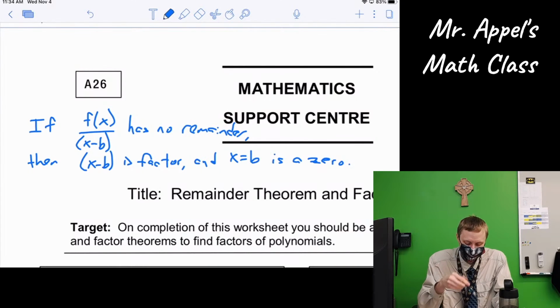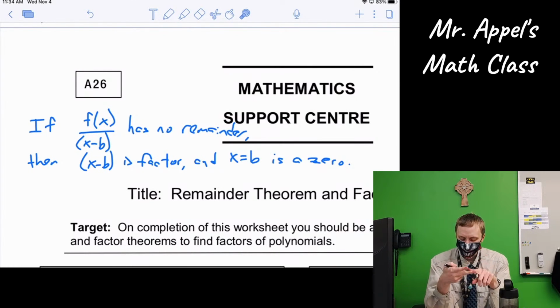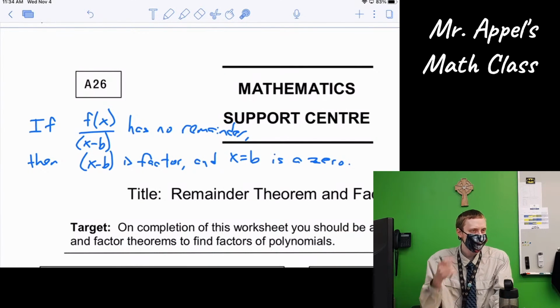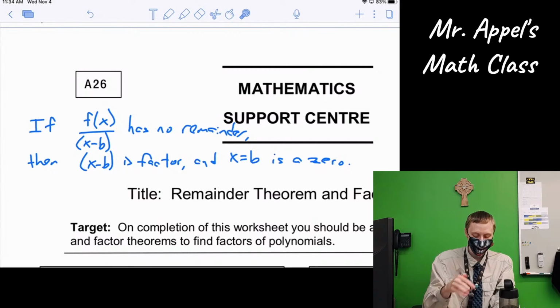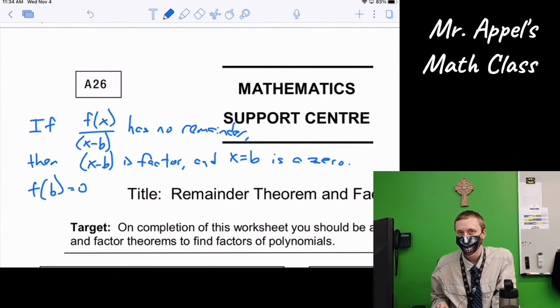Think about what that means. There's no remainder when I divide it, because I've successfully divided a proper factor. And a proper factor represents a value of x that is a 0 of the function. A 0 of the function means if I plug x into the function, I get 0. F of b equals 0.